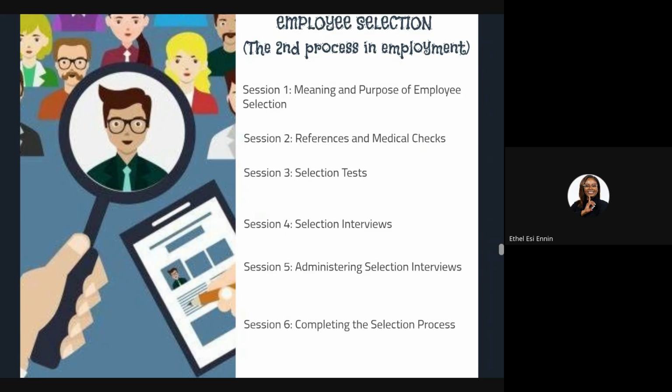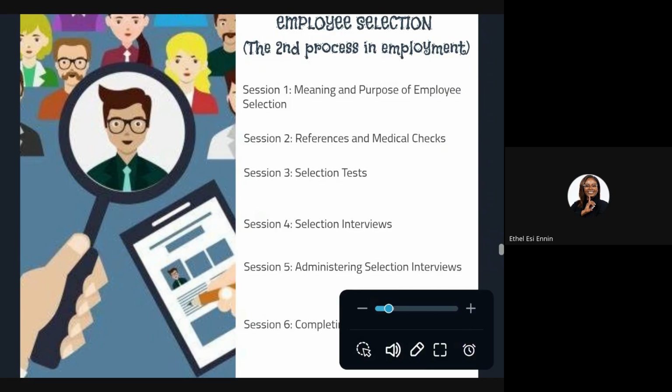In the same vein, as part of the selection process, you are required to have your medical checks at the university hospital, meaning some organizations have specific places where you should go and have your medical checks. All right, let's move on.